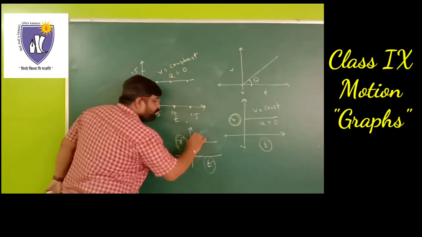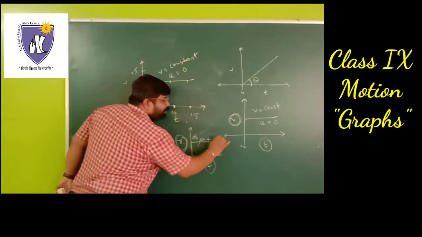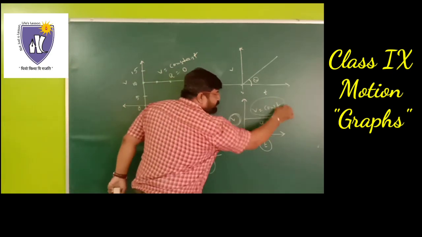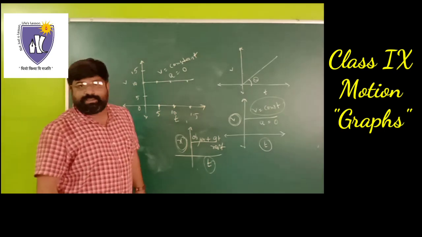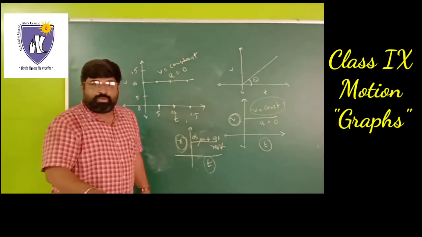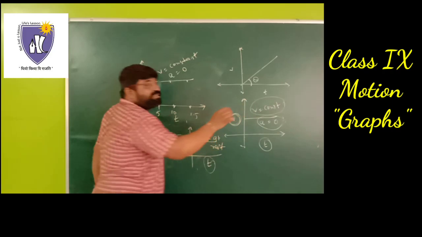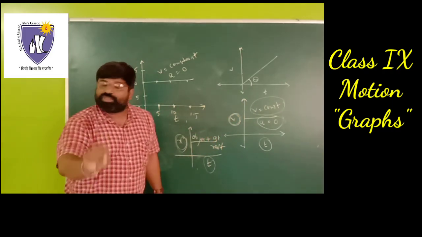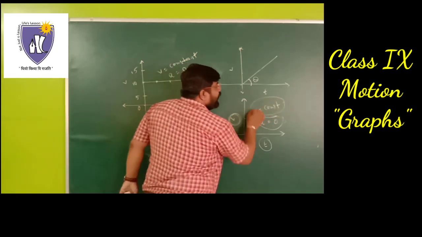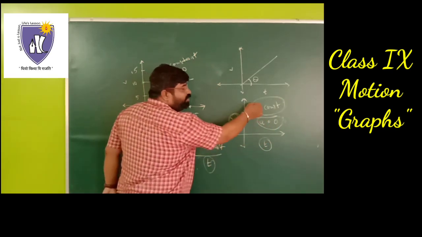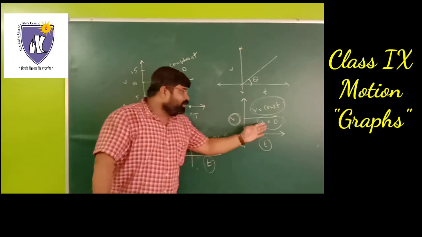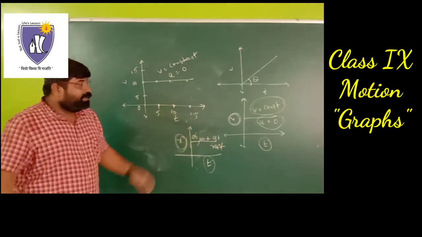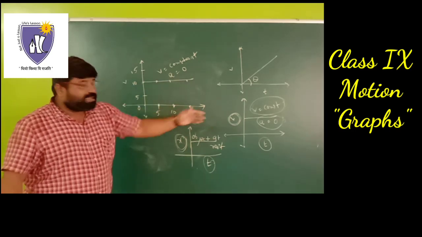But here the object is moving with constant speed. It's not at rest. Here the object is not accelerating; it is not changing its speed. So the object is moving with constant velocity, or its acceleration is 0. So this is another type of VT graph which is asked.